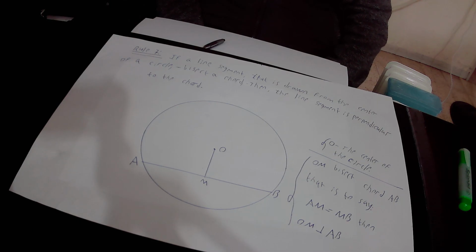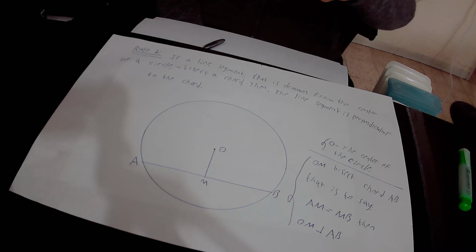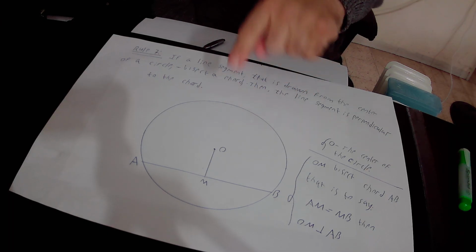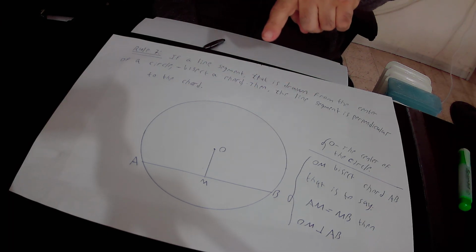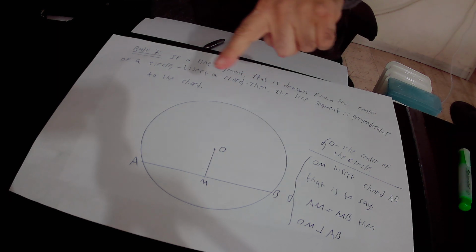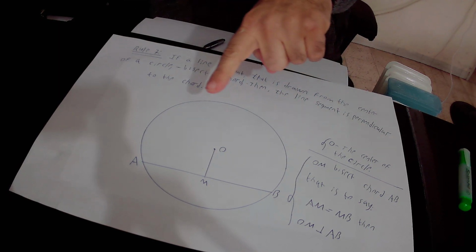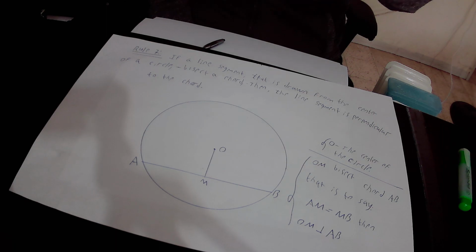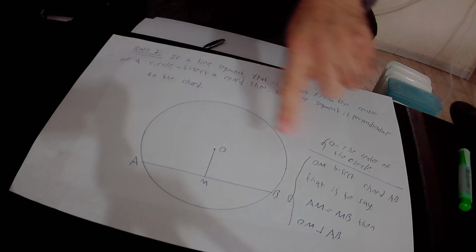We have the center of this circle here at point O. From the center of this circle, point O, we draw line segment OM that bisects chord AB. That is to say, AM equals MB. And because OM bisects AB, OM will also be perpendicular to AB.